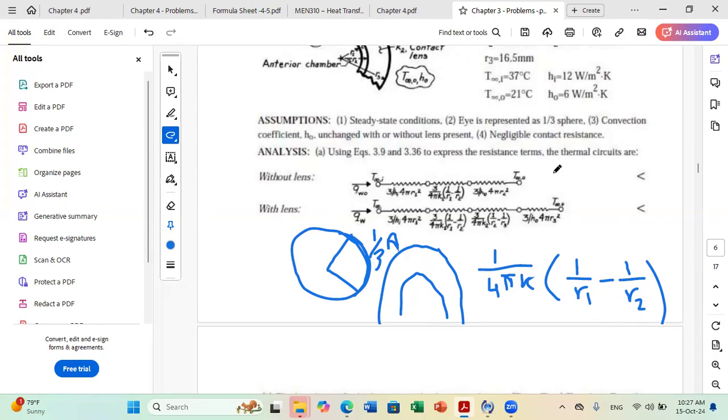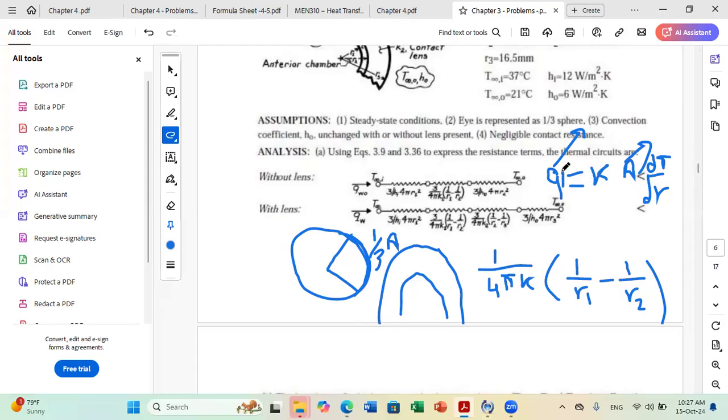And you know that the resistance is inversely proportional to the area, okay? Because you know what is Q conduction? Minus k times A times dT by dr, okay? So higher the area, larger the area, larger the heat flux. And the resistance is inversely proportional to the heat rate, okay?